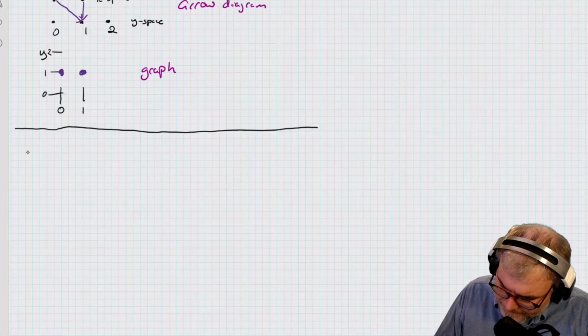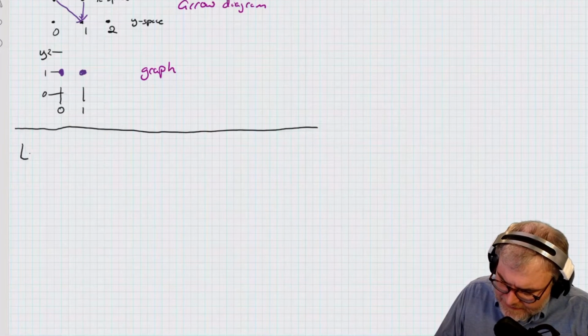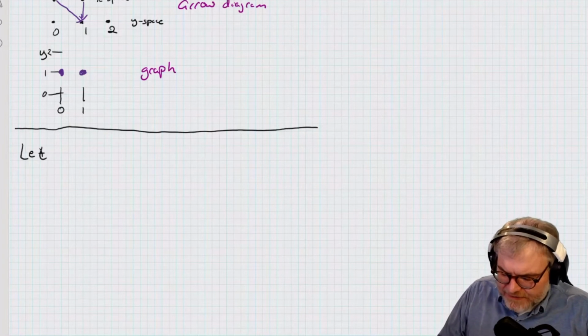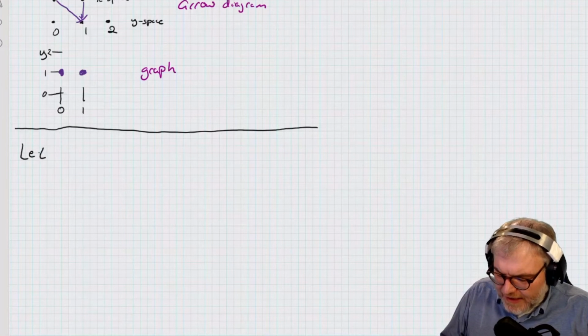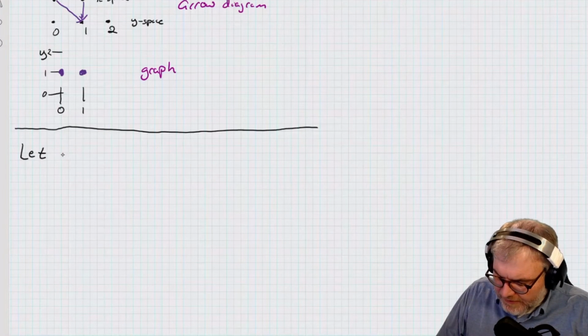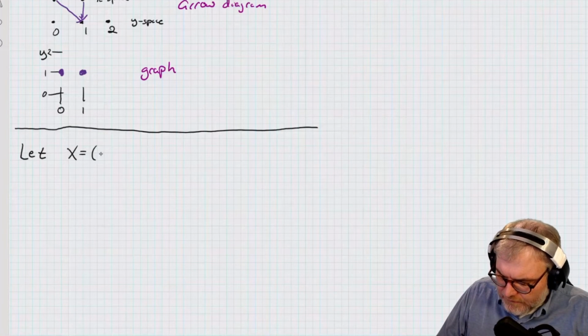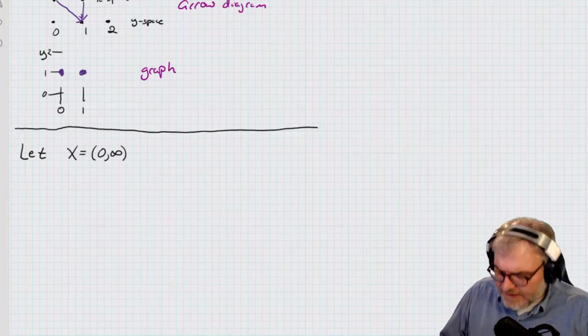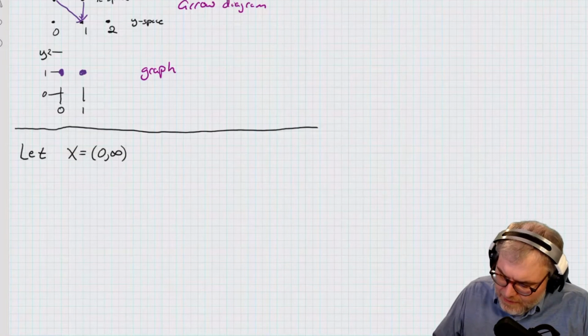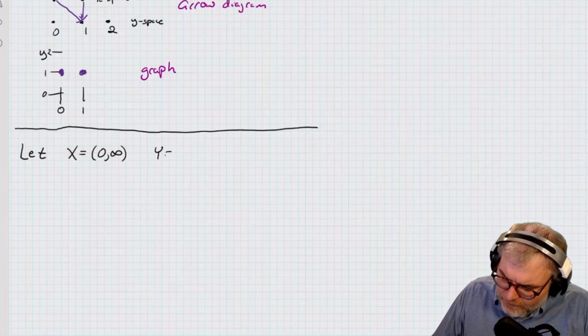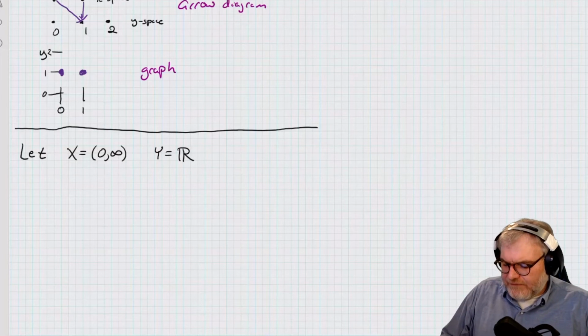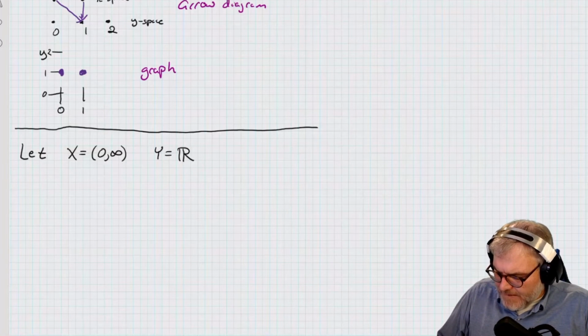F. So we're just going to do the positive side first. You can do the negative side as well. But for the moment, we're just going to say let x equal 0, infinity. It's an interval. And we're going to let y equal all of R. So positive infinity, negative infinity. Okay.